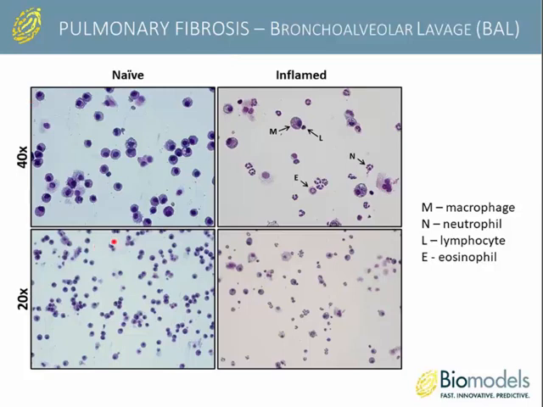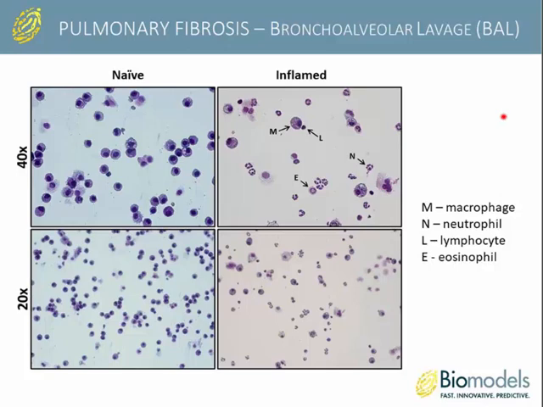In a normal naive lung, we see about 95% macrophages, which is a resident cell type in the lung. When we look at the inflamed bronchoalveolar lavage fluid, you see an increase in a number of other inflammatory infiltrating cells, including neutrophils, lymphocytes, and eosinophils. And so you get a very good idea of the inflammation that's occurring at that point of the collection.